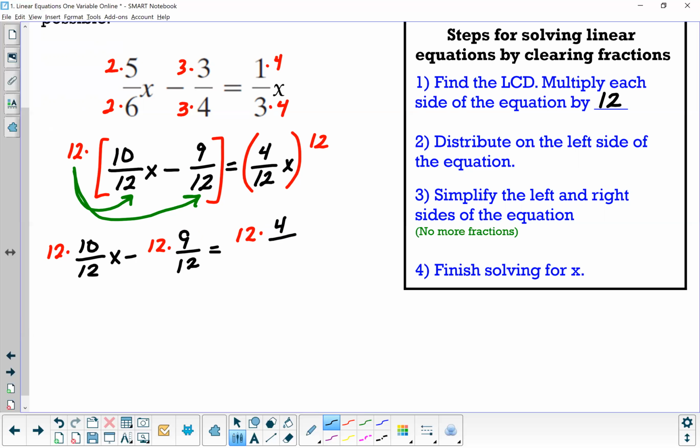4 over 12x. Okay, now when we simplify this, the first fraction, 12 times 10/12, the 12's reduce, and I'm left with 10x minus the second fraction, 12 times the 9/12, the 12's again reduce.